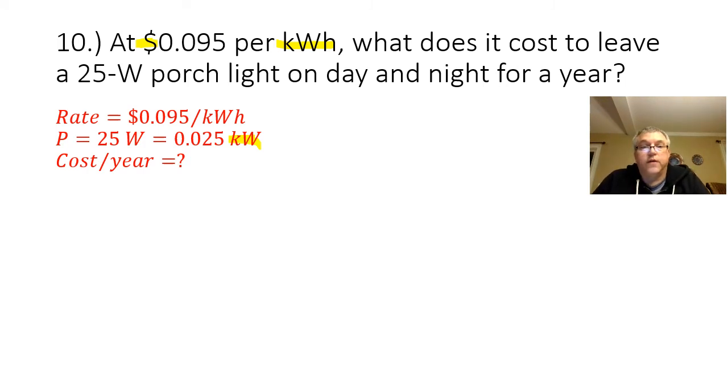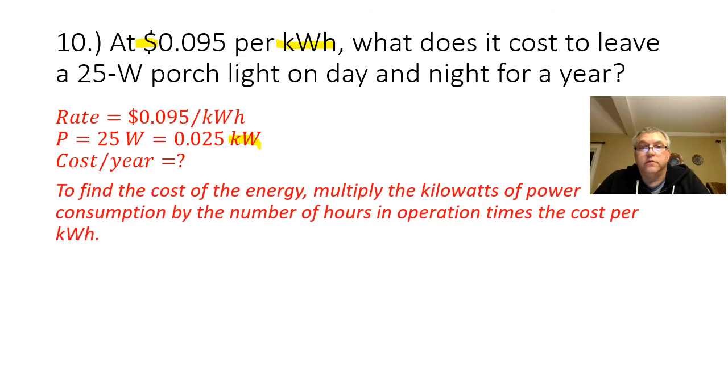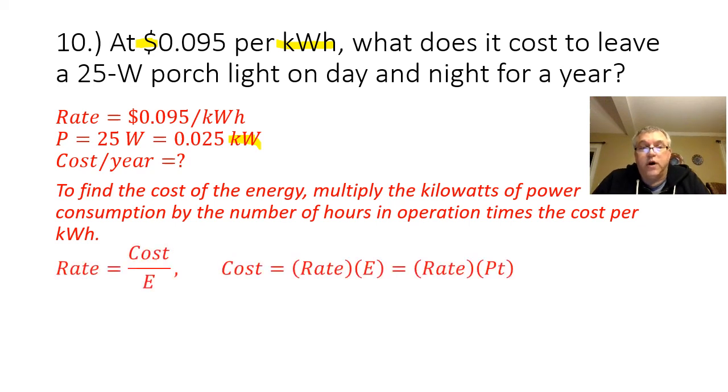In order to find the cost of the energy to use this for a year, we have to multiply the power that the light bulb is consuming in kilowatts by the number of hours that it's going to be used times the rate per kilowatt hour that we're paying for the energy. So we're looking for the cost. And I know that the rate equals cost divided by the energy, which means that cost equals the rate times the energy.